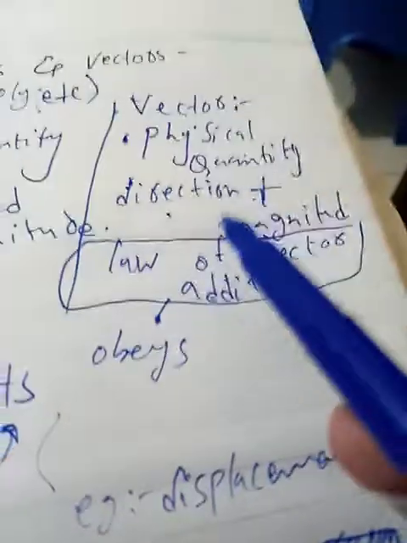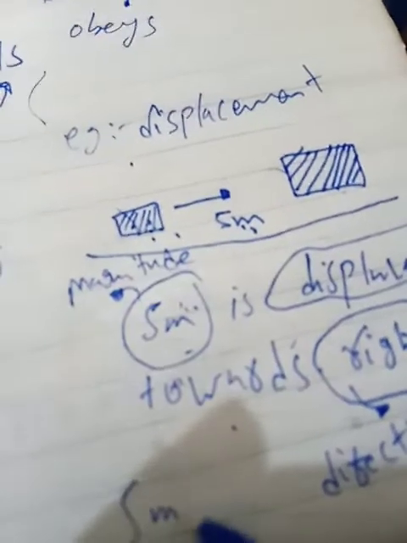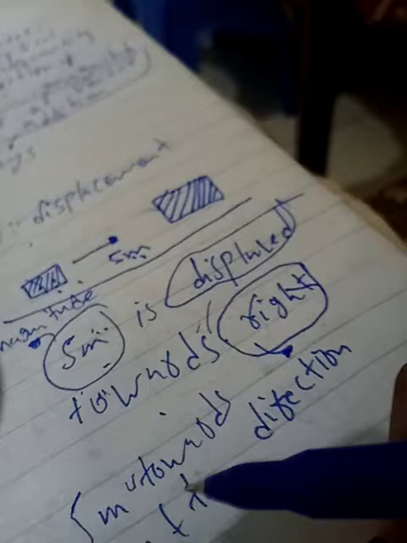But for example, we have a quantity of 5 meters towards right. How will we add another quantity of 5 meters towards left? If we say 5 meter plus 5 meter is 10 meter, which direction will it be, right or left?